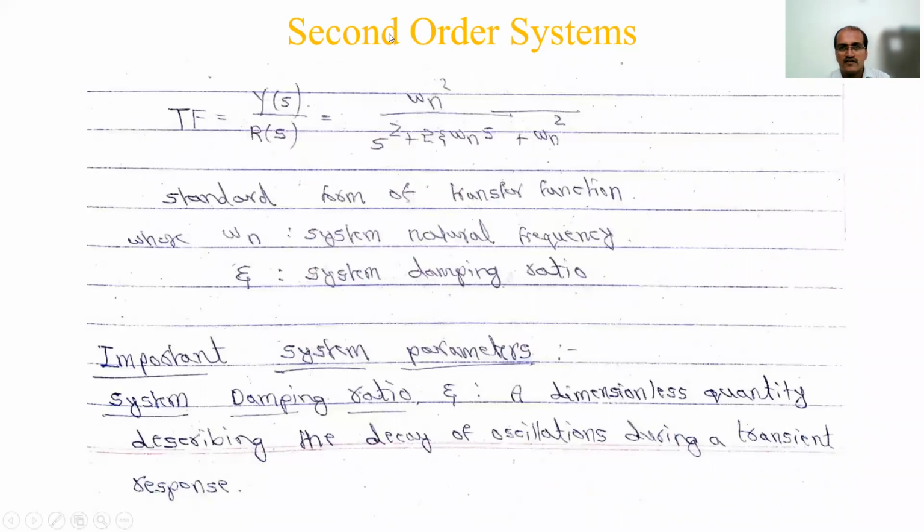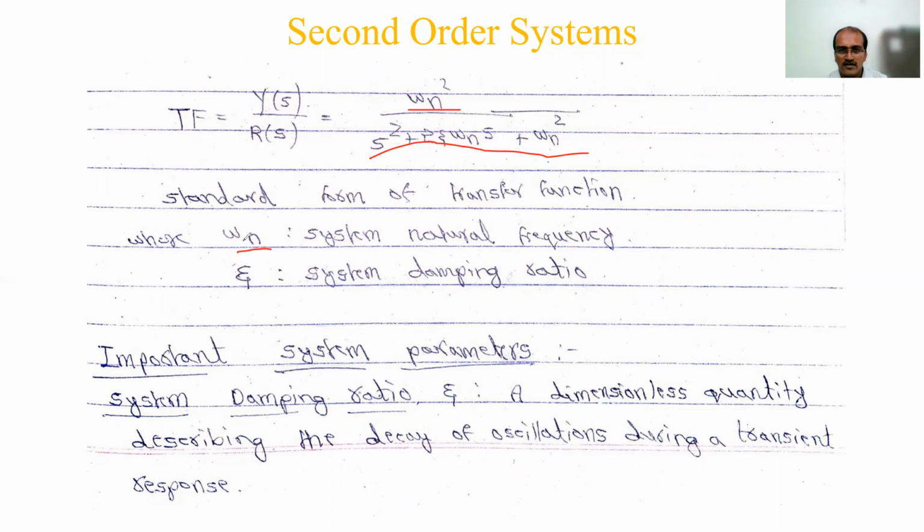If you write the transfer function applying the formula, you will get omega n square divided by S square plus 2 zeta omega n S plus omega n square. Okay, so this is the standard form of transfer function, and that is the standard block diagram. There are two parameters. One is omega n, which is called the system natural frequency.